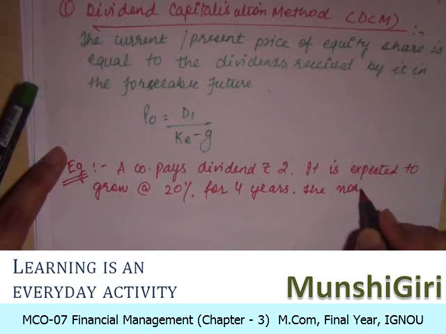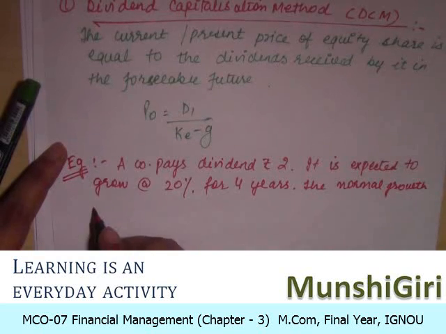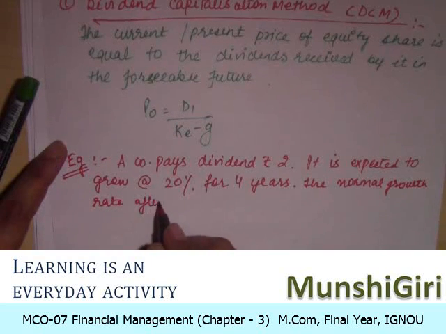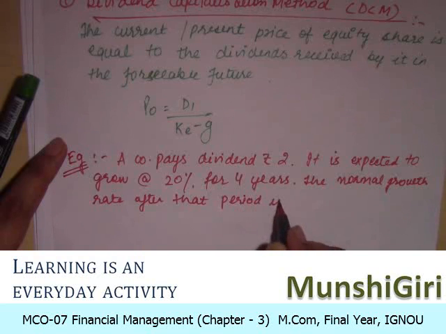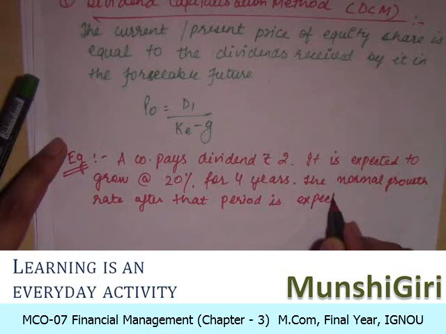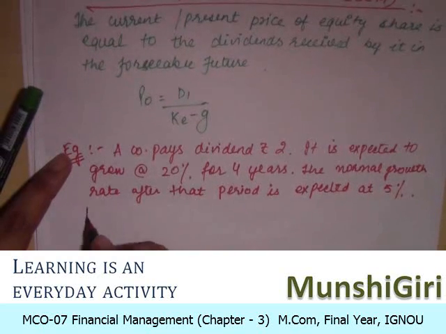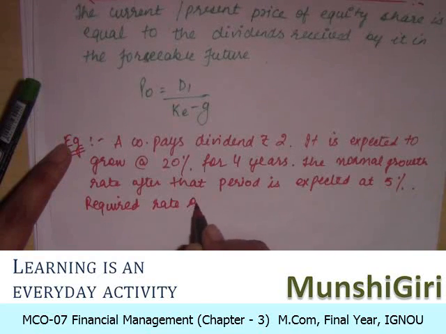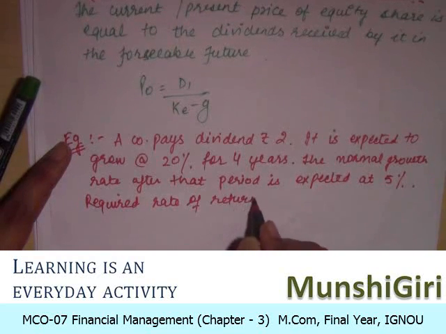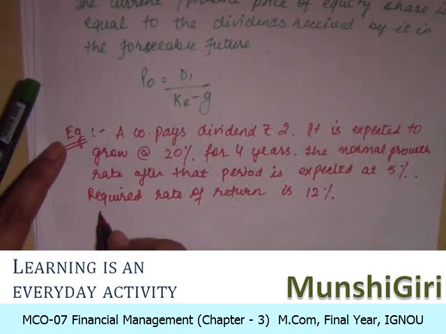The normal growth rate after that period is expected at 5%. Required rate of return is 12%. Find out the price at present.